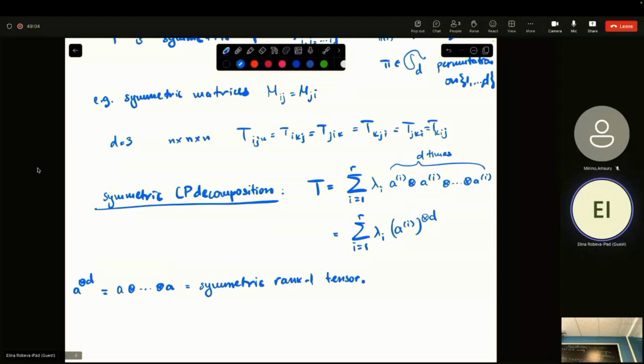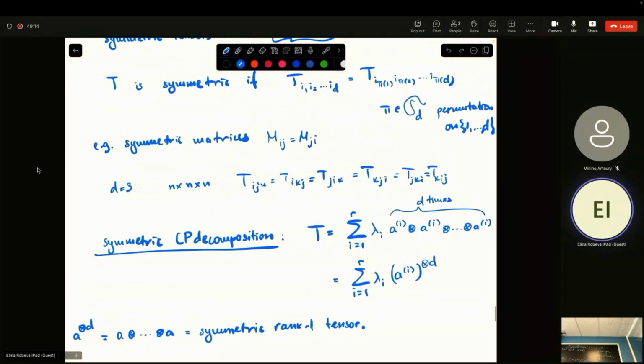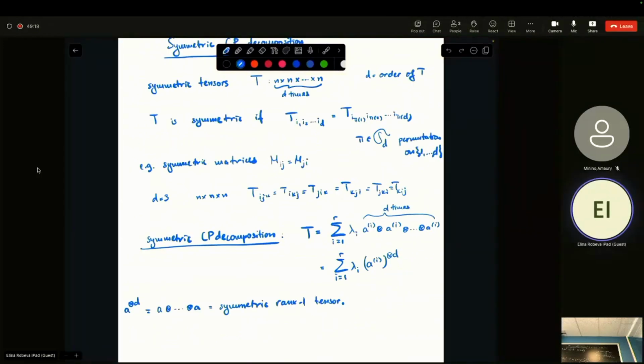If D is odd, then you don't really need lambda. And for any symmetric tensor, you can find its CP decomposition or its symmetric CP decomposition. Some interesting things happen, where we'll see that the ranks might be different.